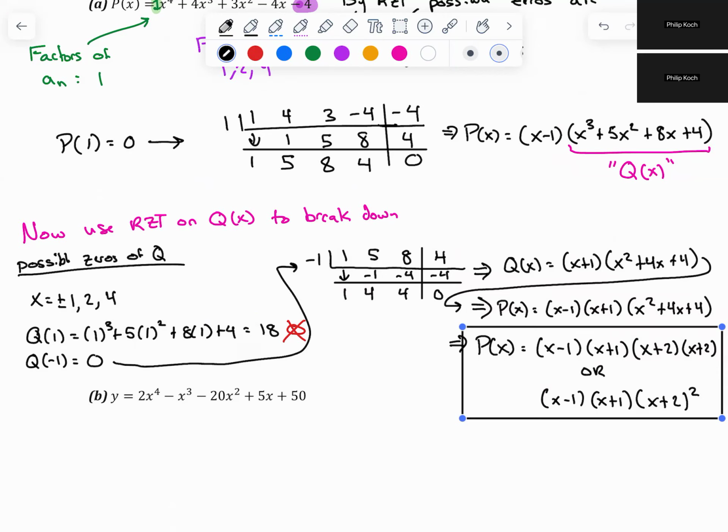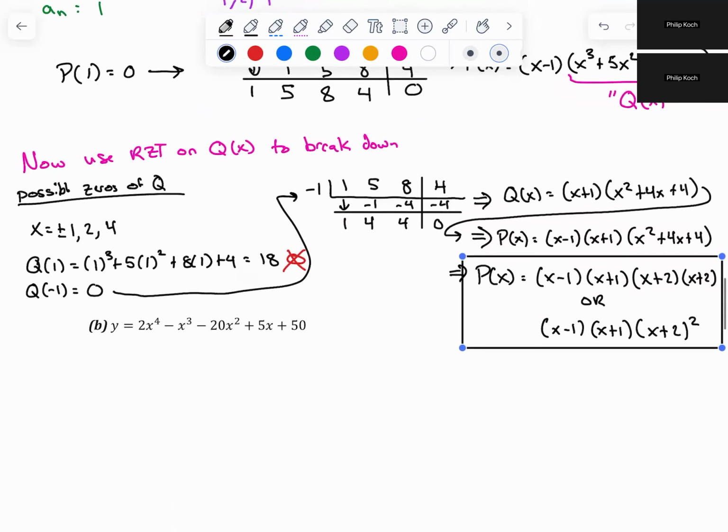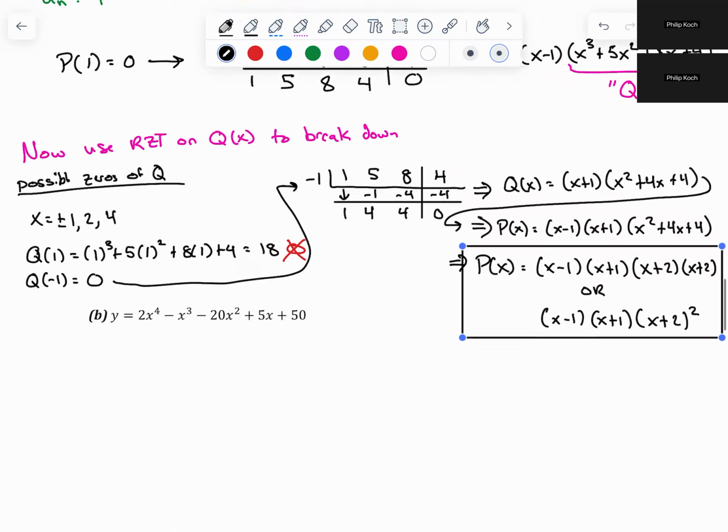All right, next one. So this is y, but remember, y is synonymous with f of x. So you could write y of x if you wanted to. So let's see here. So this is a sub 0.